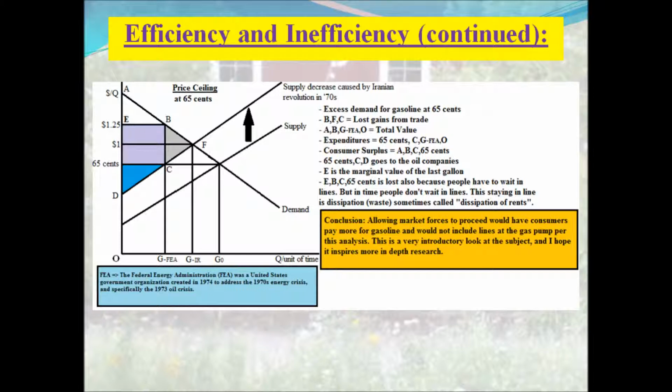Expenditures equals 65 cents, points C, G, F, E, A, and point O. Consumer surplus equals point A, point B, point C, and the point designated by 65 cents. Points 65 cents, C, and D, the little blue triangle, that's what goes to the oil companies.